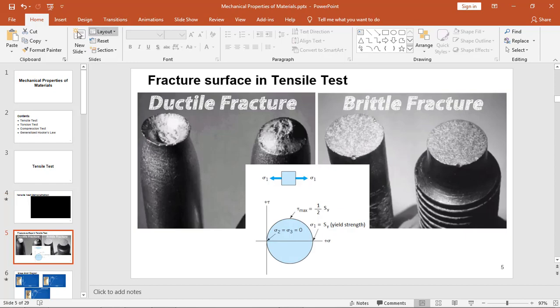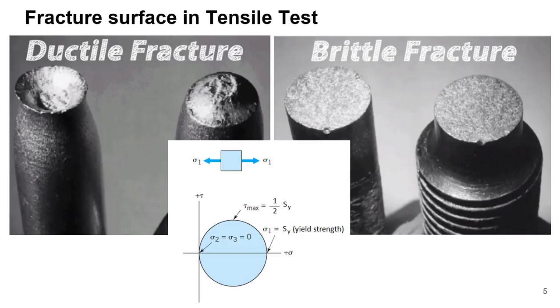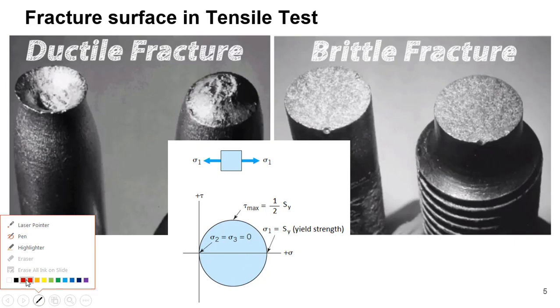Now coming to the fracture. Finally, when the material fractures, we generally observe ductile fracture, which is observed in commercially available ductile materials, and you can see this fracture surface is a typical cup and cone formation.